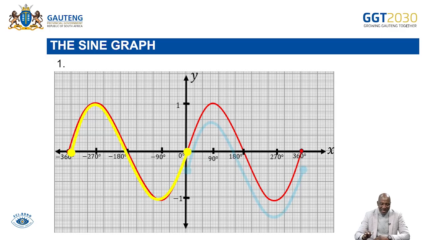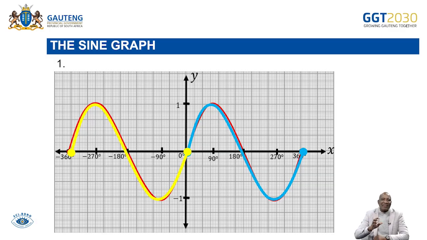This is what we mean by the period of a graph. So between negative 360 and 360, you can have two complete waves of the sine graph. In short, there is only one complete cycle within a revolution.